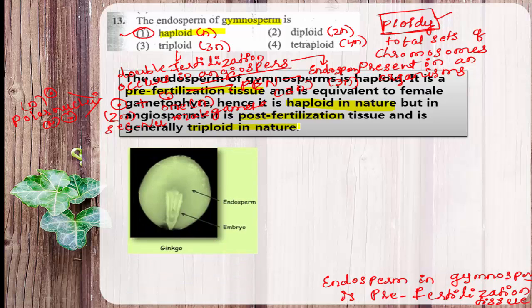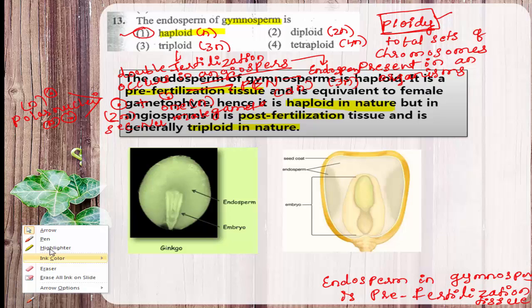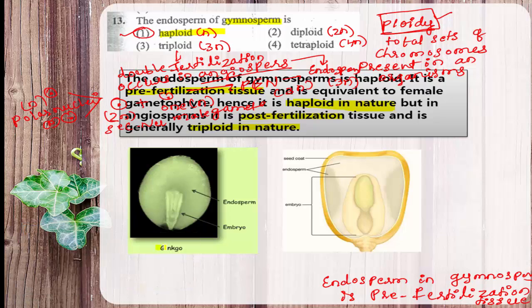For more clarity, these are the images of endosperm in gymnosperm, and the example taken is Ginkgo biloba, which is a living fossil. This is the endosperm and it is haploid in nature, and this is embryo. And in case of angiosperms, this is the endosperm, and in the center, whatever the structure you can see, that represents embryo.